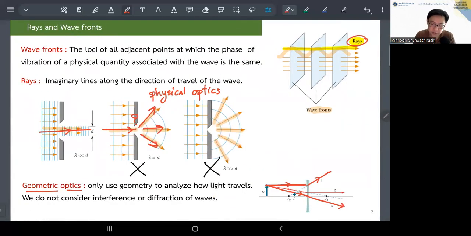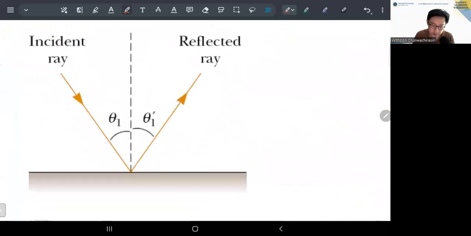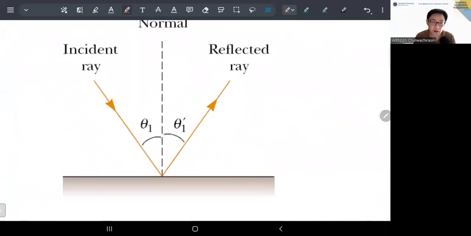So having a laser beam goes really well with the concept of rays. If you have that, then this is what happens. When a wave reflects off a surface, you can think of a ray coming in. You can call this the incident ray.